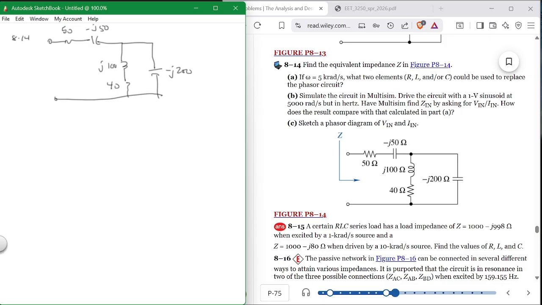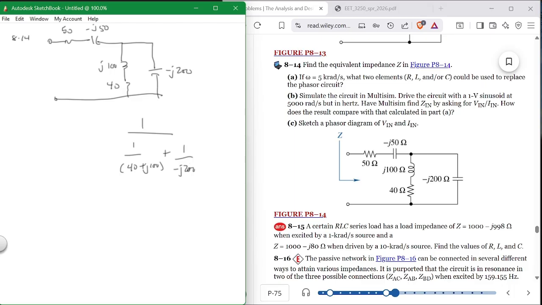Okay, let me write it down: 1 divided by 1 over parenthesis 40 plus j100 plus 1 divided by minus j200.